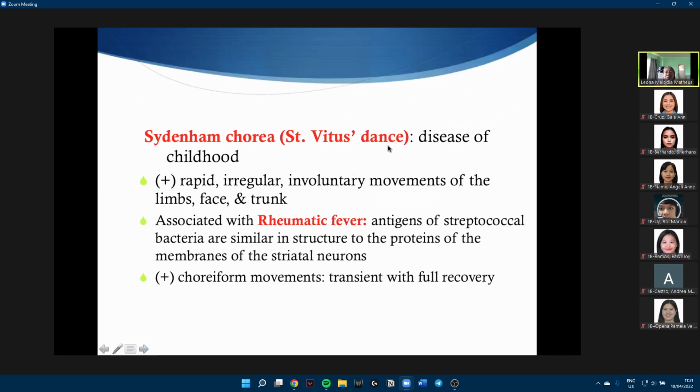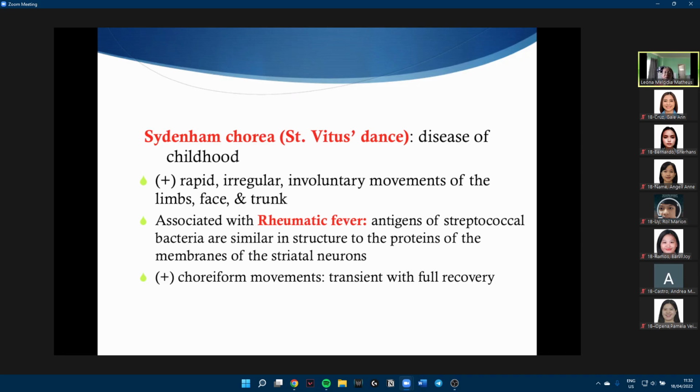So anyway, Sydenham chorea, or what we call St. Peter's disease or dance, is a disease of childhood, no? You find here rapid, irregular, involuntary movements of the limbs, the face, and the trunk, and it's associated with rheumatic fever. Bakit rheumatic fever? Apparently, the antigens of the Streptococcus bacteria are similar in structure to the proteins of the membranes of the striatal neurons.